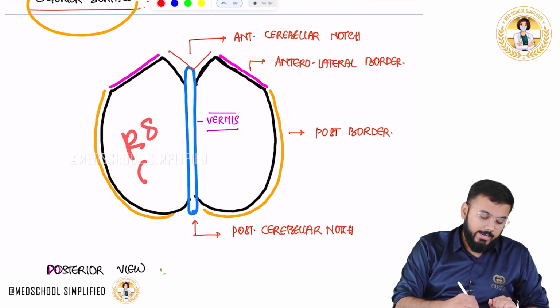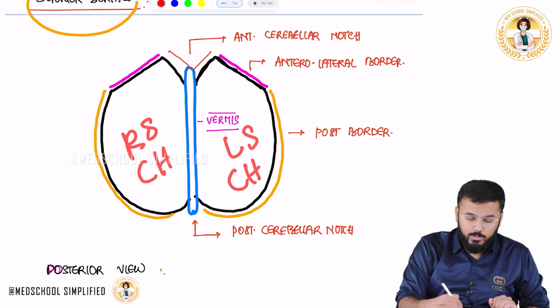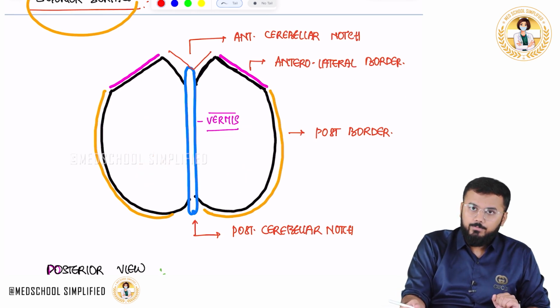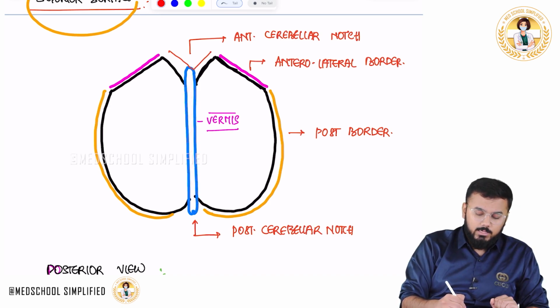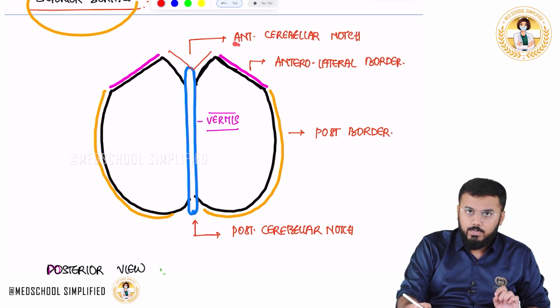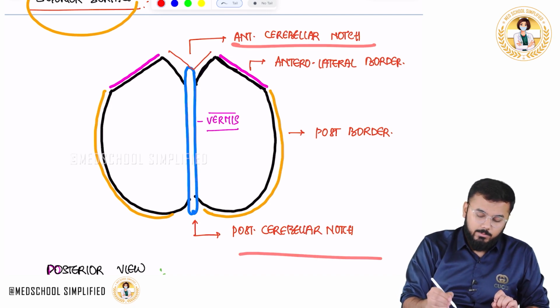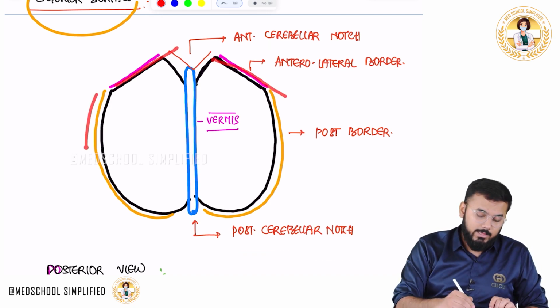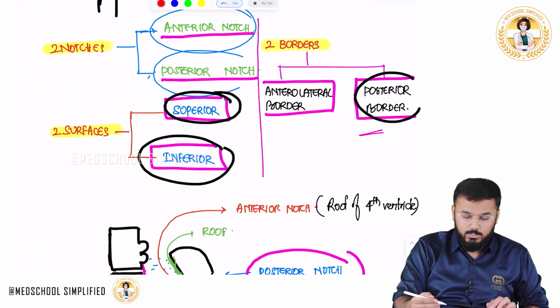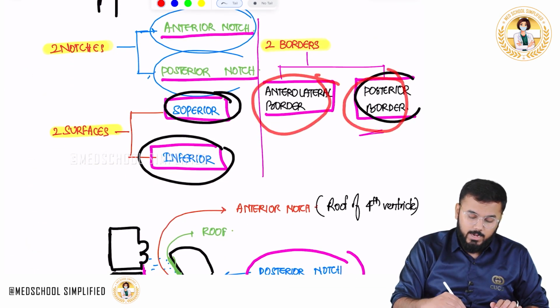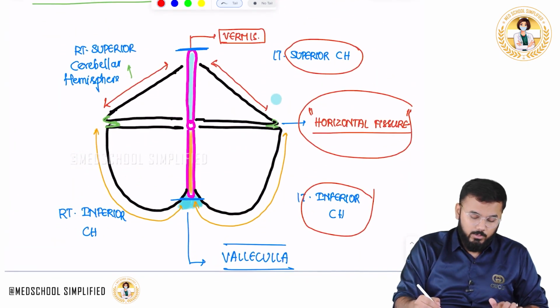So this is your right superior cerebellar hemisphere and left superior cerebellar hemisphere, because you are looking from the top. And this vermis which you can see is called the complete superior vermis. So this is the anterior cerebellar notch, posterior cerebellar notch. This border is anterolateral, and this is your posterior border, which we just discussed.